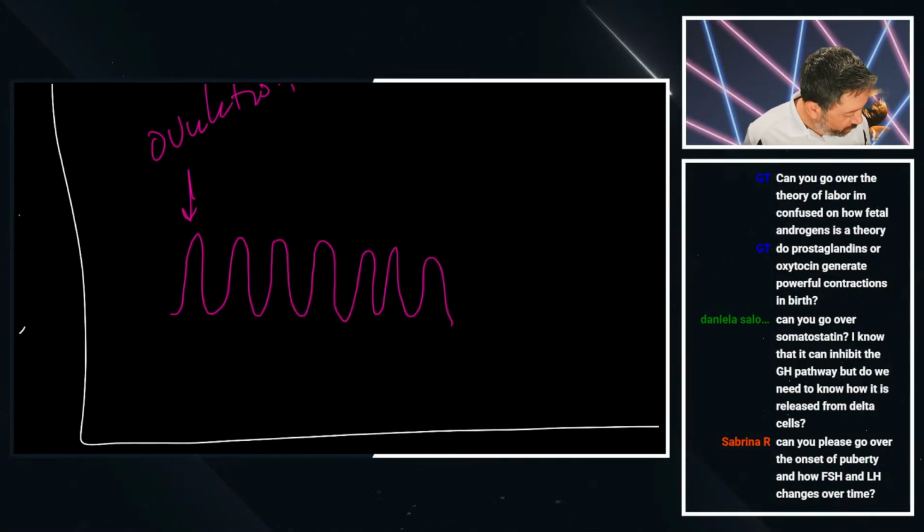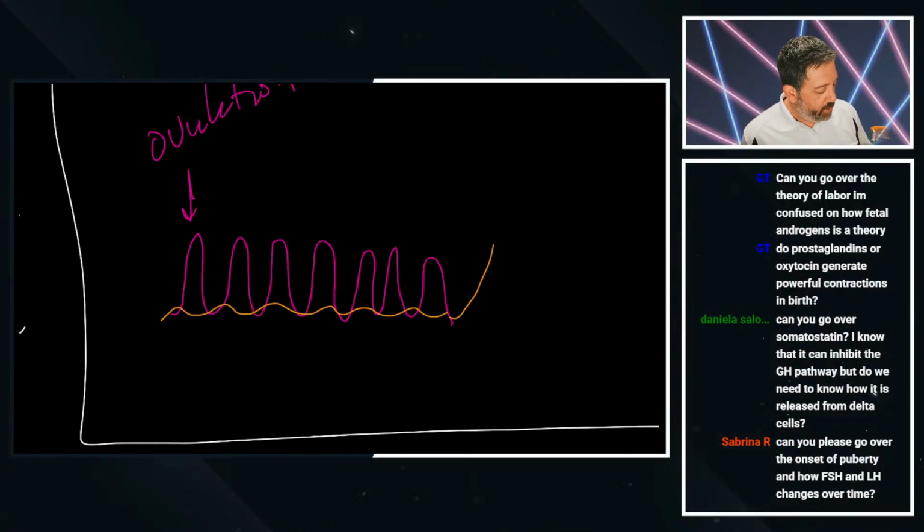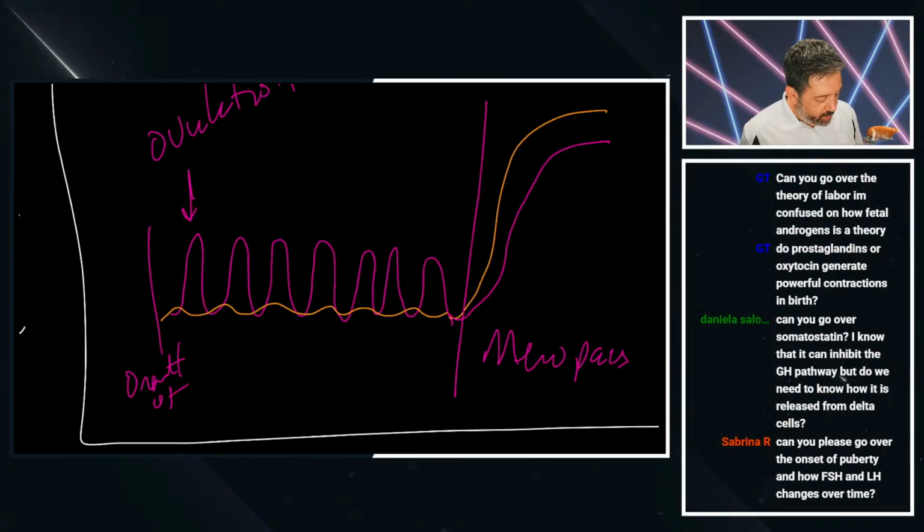Follicle stimulating hormone kind of just wiggles around, does its own little thing underneath. But once you hit menopause, they start going up. There's your onset of puberty. And in females, the cycle keeps going on and on and on until menopause hits.